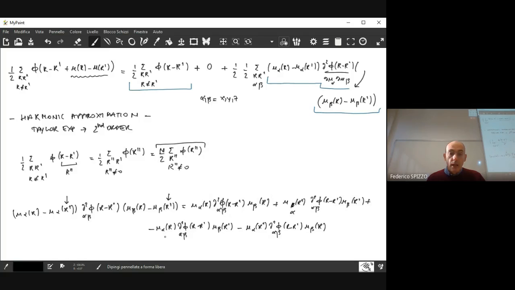Now, due to the fact that r and r prime are vectors belonging to the Bravais lattice, in this term and in this term we have just the deviations from equilibrium for two ions, and the order of the ions is exchanged, since here we have r and r prime, and here we have r prime and r. What happens if we exchange the two variables?